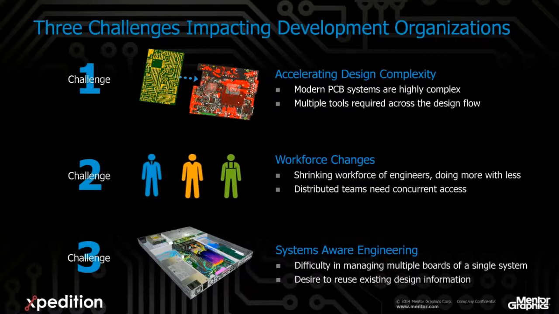And lastly, the trend of development has been towards large system awareness or system level design, which is becoming increasingly difficult to manage. Many of your sub-projects are not system aware, and the desire to reuse existing design information is complicated by the lack of overall management and connectivity.